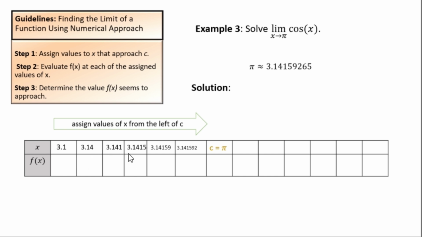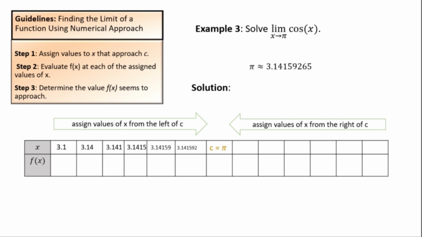So here we start with the first two digits, then the first three digits, and so on. And we are sure that they stay on the left and they are arranged in increasing order, going up to pi. On the other side, we assign values from the right of pi, but this can be a little bit tricky.